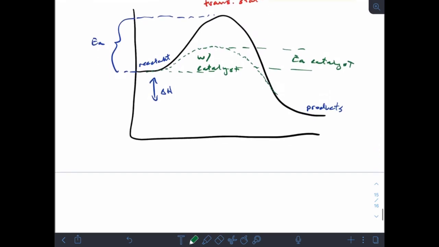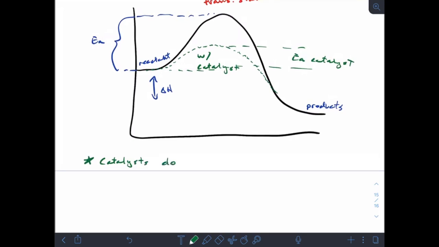So when we're talking about adding catalysts to a reaction mechanism, catalysts do not appear in an overall reaction equation.